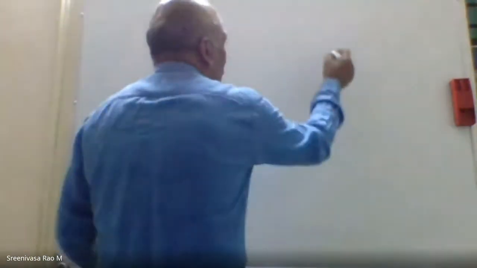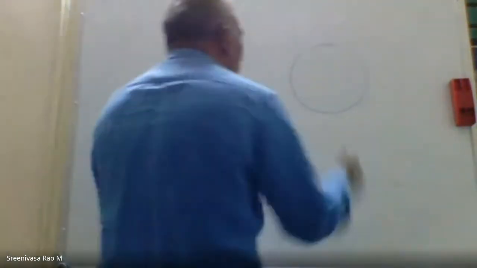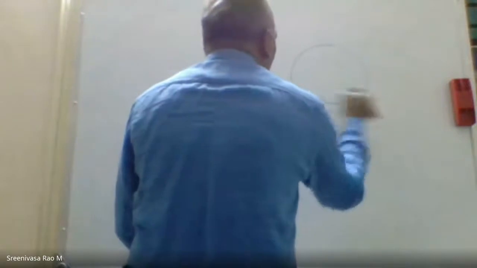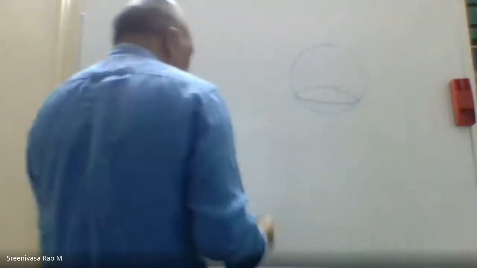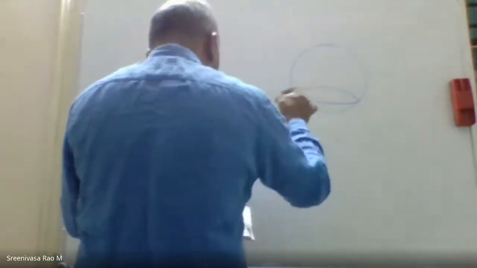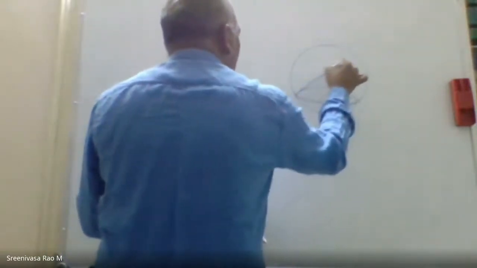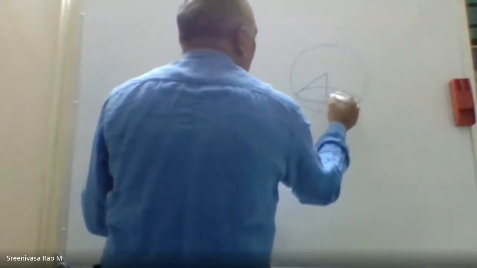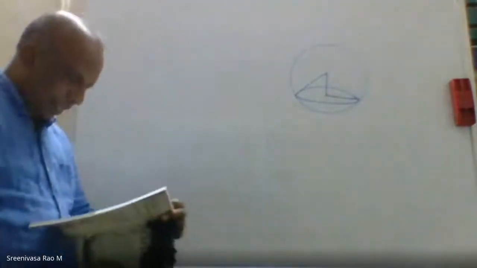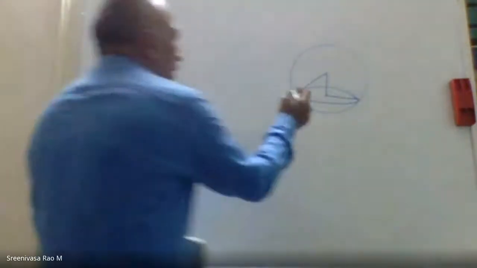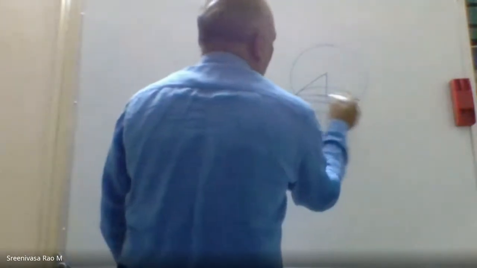You can think of it this way: if you draw a sphere here, I can think about some plane here. Suppose this is one plane. I can think this is the radius of this circle.